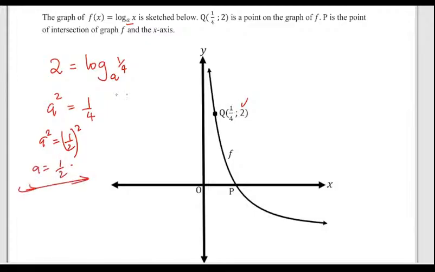Alternatively, we can use square roots, meaning that a can be plus or minus a half. That is according to the log format, a is a positive base, though it could be otherwise, but I'll take it to be positive.